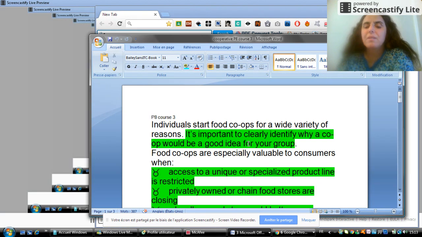So, we already have said here that it's important to clearly identify why a co-op would be a good idea for your group. So, remember that your group, the relevance here is to the people who share the same neighborhood with you. We talked about cooperatives being locally established.